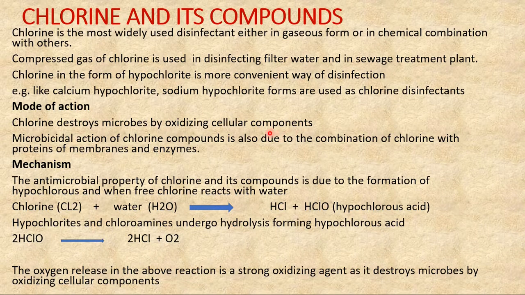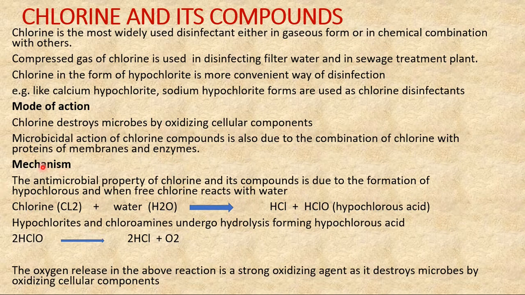The microbicidal action of chlorine compounds is also due to the combination of chlorine with proteins of membranes and enzymes. Obviously all the chemical agents have a direct or indirect effect on the proteins, membranes and enzymes. That's how they kill.